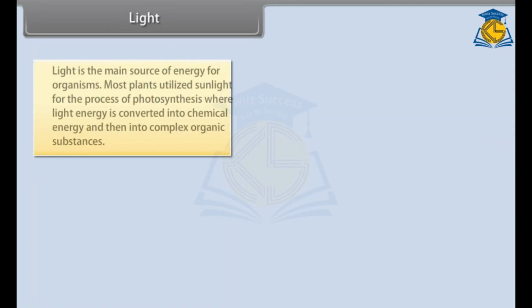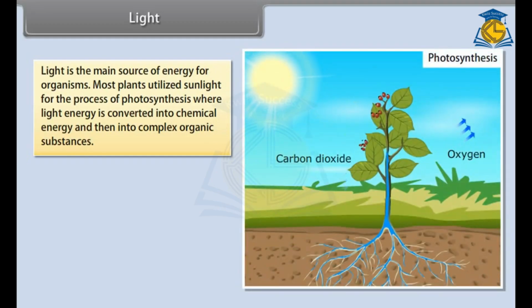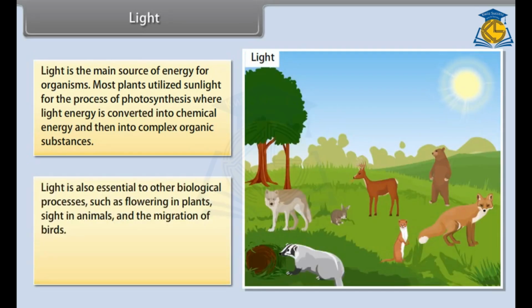Light. Light is the main source of energy for organisms. Most plants utilize sunlight for the process of photosynthesis, where light energy is converted into chemical energy and then into complex organic substances. Light is also essential to other biological processes such as flowering in plants, sight in animals, and the migration of birds.